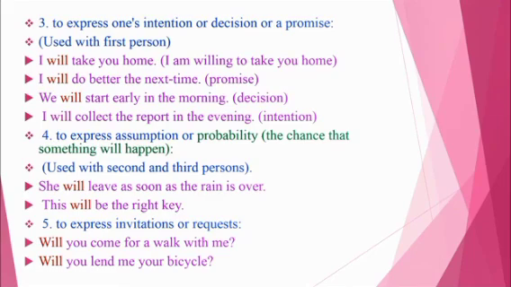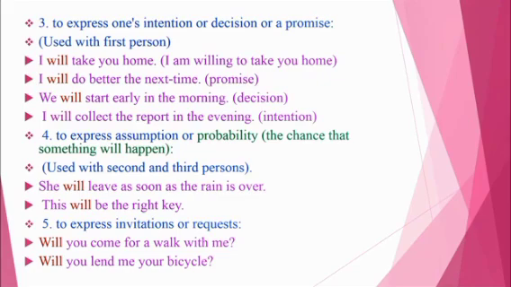The next sentence is I will do better the next time. This sentence denotes promise. The next sentence is we will start early in the morning. This sentence refers to decision.